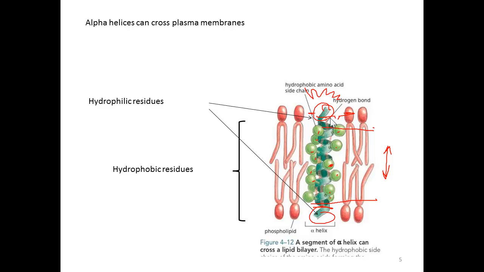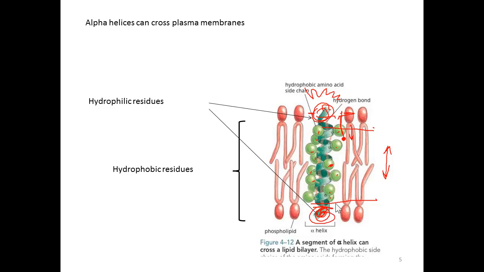As soon as you start to pull it down a little bit, you'll be pulling these hydrophilic residues down into the hydrophobic interior, and this hydrophilic amino acid is going to resist being pulled down here. It's energetically unfavorable. So these hydrophilic residues will prevent the peptide from slipping downward.